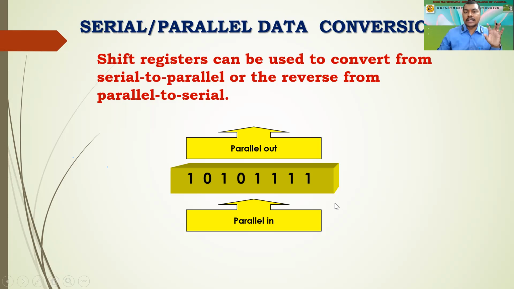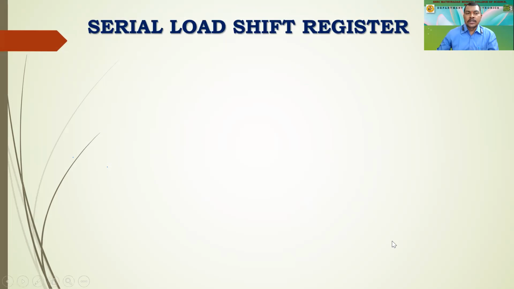So we have studied all four shift registers: serial in serial out, serial in parallel out, parallel in serial out, and lastly parallel in parallel out. Right. So SISO, SIPO, PISO, and PIPO. Okay, so these are the basic concepts of the shift registers that we have.